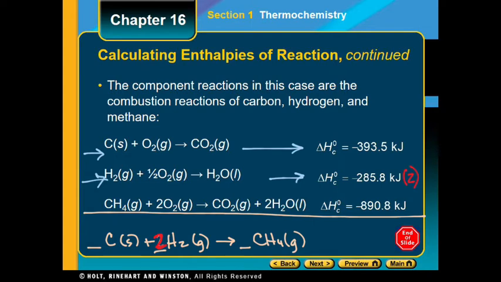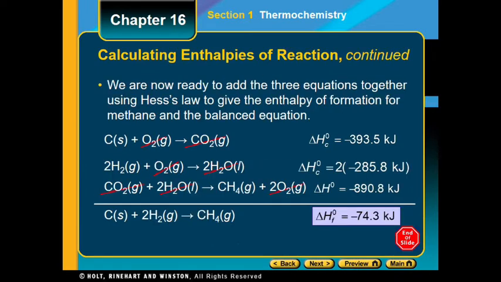But then when we get to the methane part of this, in our actual reaction, methane is produced. So in this reaction, that needs to be flipped, which means we're going to flip the sign on the enthalpy of combustion to a positive 890.8. And now we're ready to work with all of those values.